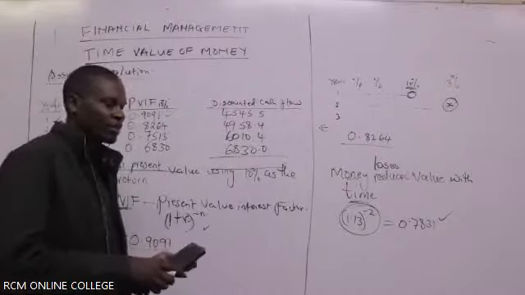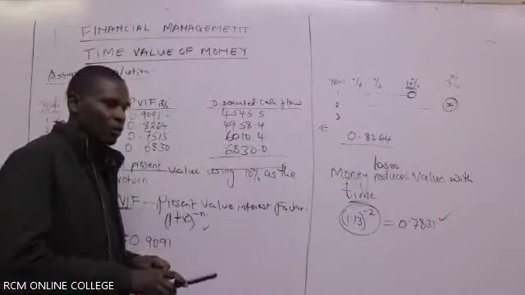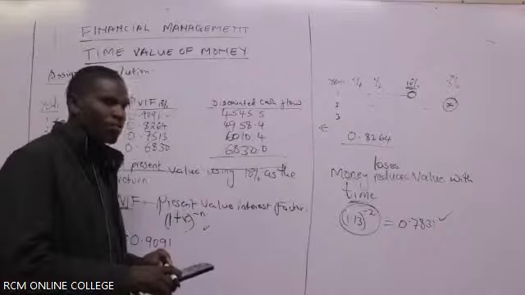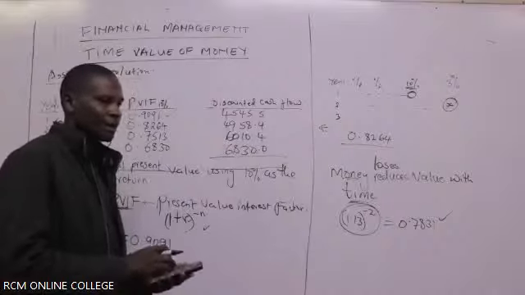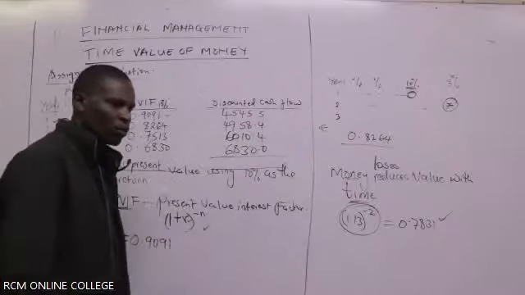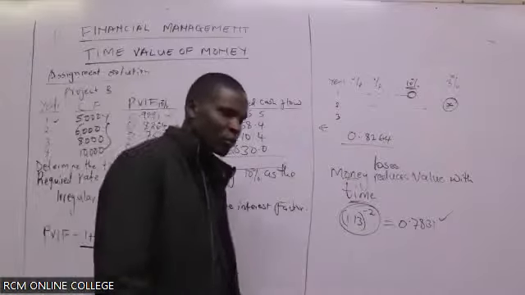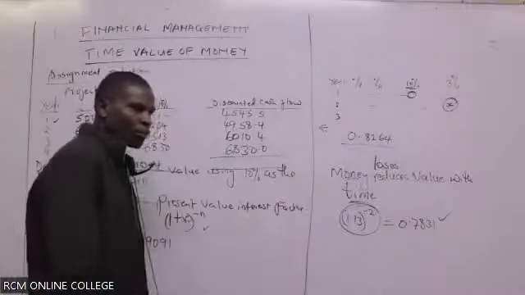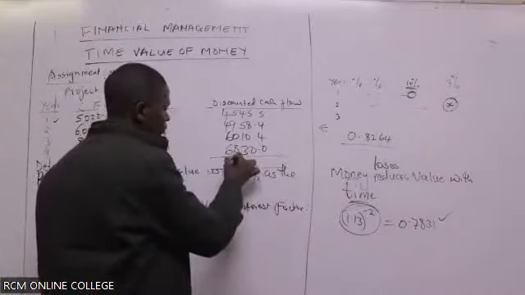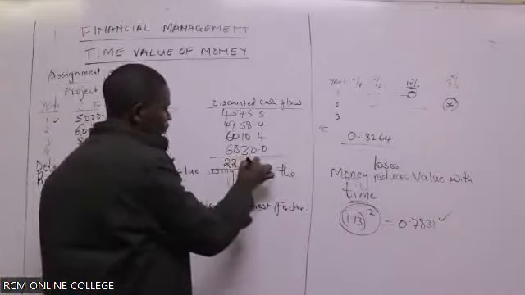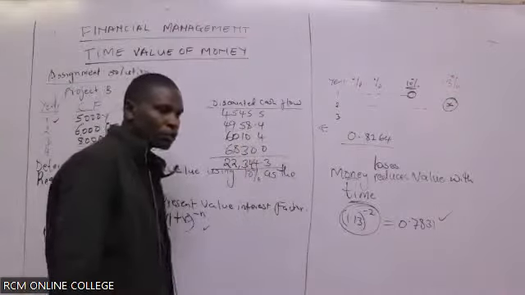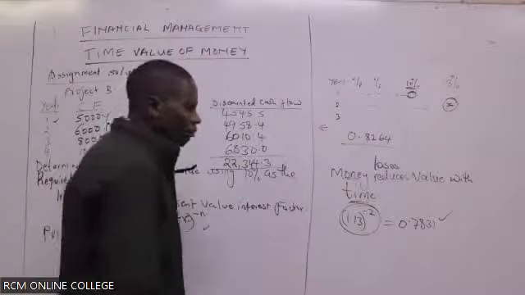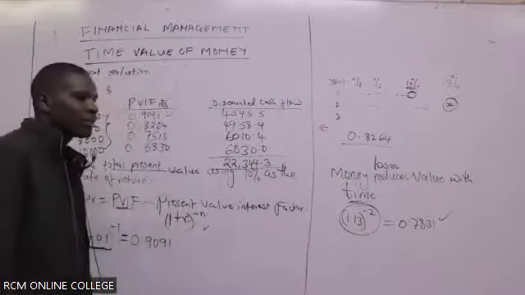Tulisema hiyo calculator by the end of the semester unafaa kuwa umeielewa kabisa, unafaa kuwa unafanya hata hesabu ukiwa umefunga macho. So through practice that is achievable. 22,344.3. Thank you so much.